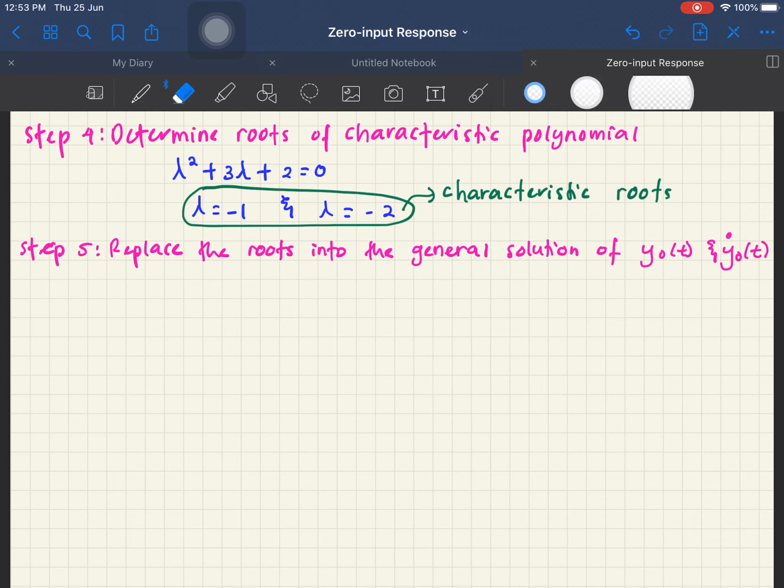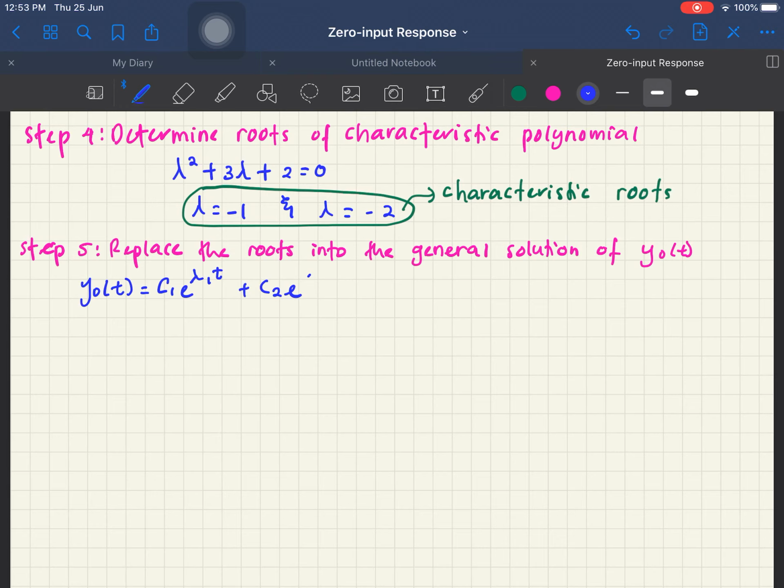So you will have y zero of t equals c1 e to the power of lambda 1 t plus c2 e to the power of lambda 2 t.